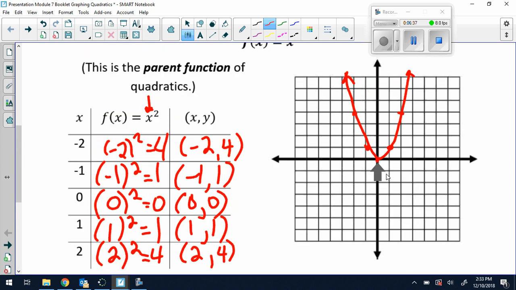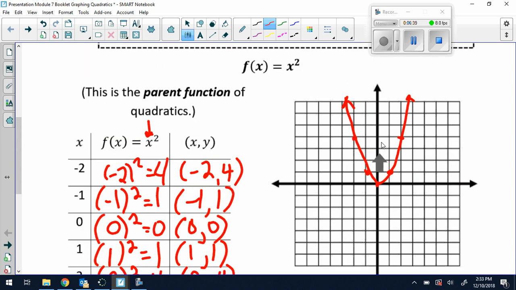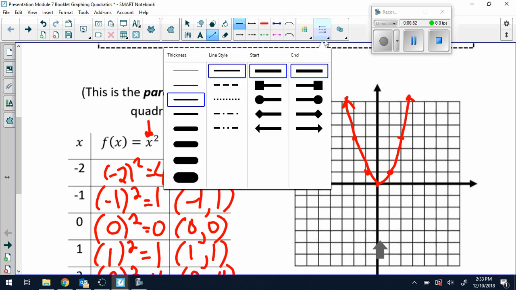Now, our axis of symmetry is the vertical line that divides my parabola in half. You'll notice that my parabola has reflectional symmetry going straight through the vertex.